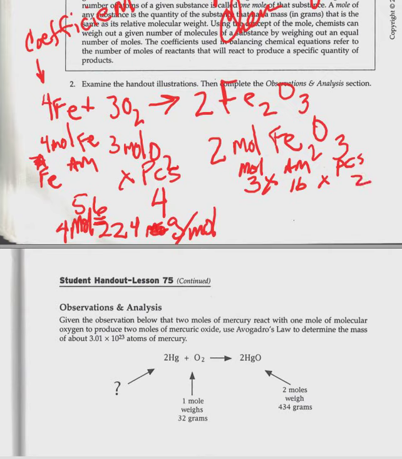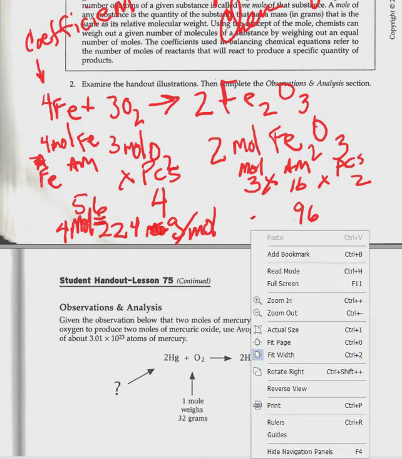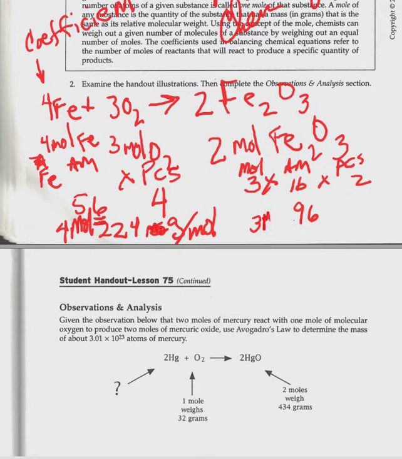So 16 times 2 is 32. Times 3 is 96. So 3 moles of O2 equals 96 grams per mole of O2. Just so that we know that it's Fe over here.